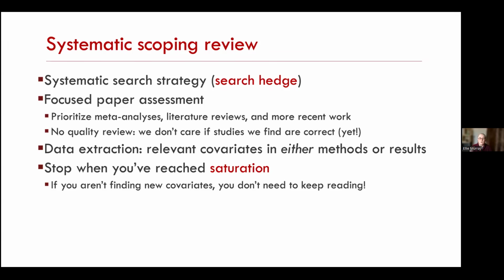And then at some point when you're doing this, you'll get to a situation where as you work down your list of studies, you're not getting any new information. And so at that point, you don't need to keep reading. And so this is why we call it a systematic scoping review, because the search strategy is systematic, but the paper review and the extraction is really only going to be for a segment of those studies.